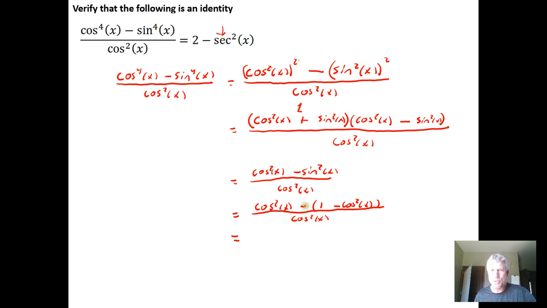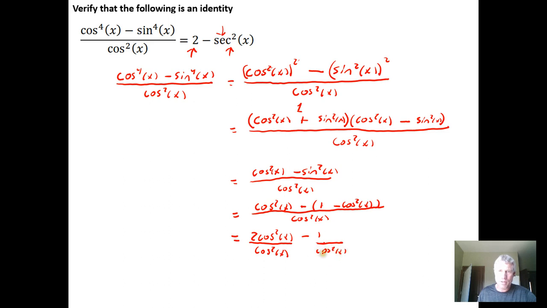So if I distribute this minus into the parentheses, minus is plus. So I'm going to get cosine plus cosine is 2 cosines squared of x, and then minus a 1, and it's going to be over the cosine squared. So I'm going to break this up into two pieces, and I'm going to put each thing over the common denominator.